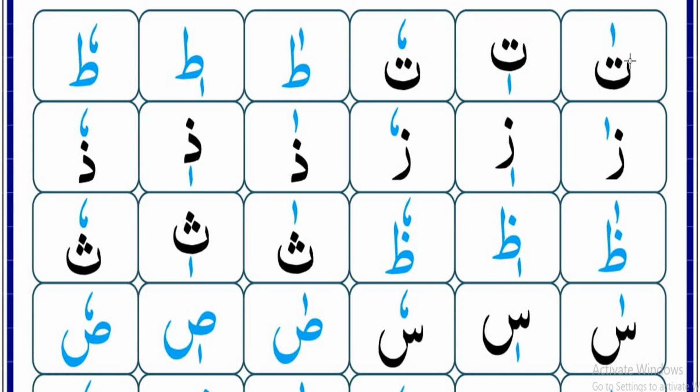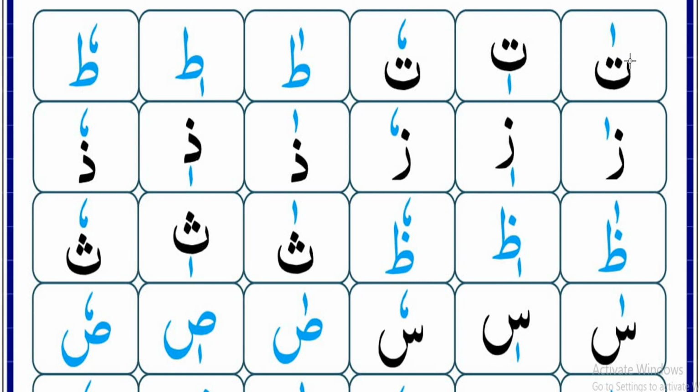So these signs are a bit different than the regular ones. If you remember, I told you in the lesson of fatha, dhamma, and kasra that with the regular signs you read the letter as simple as you can. You try not to stretch the sound, not even a bit.